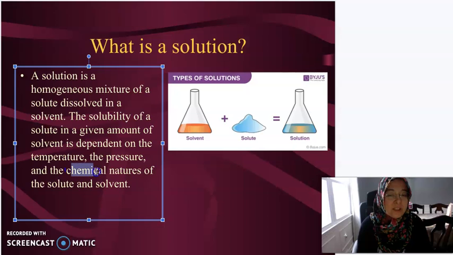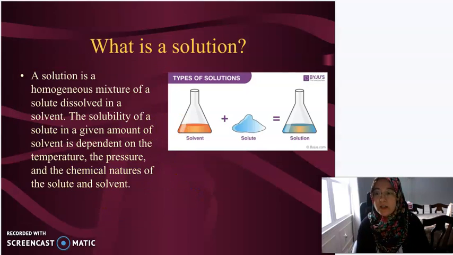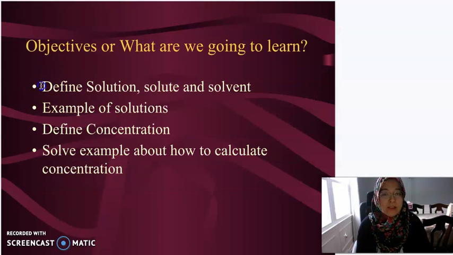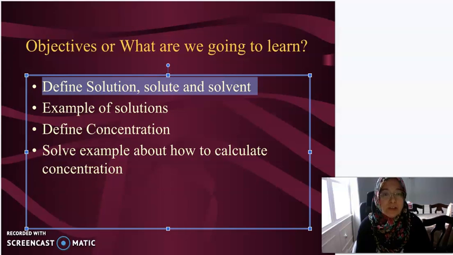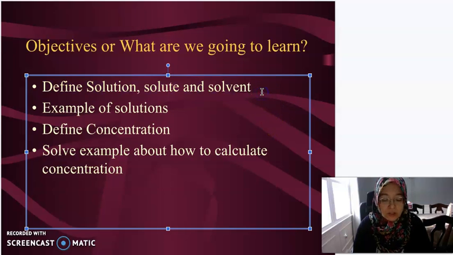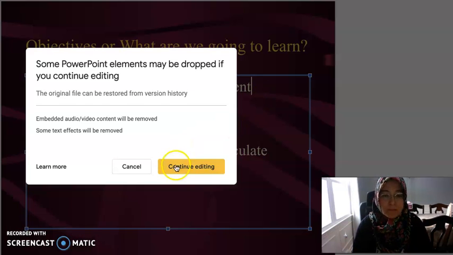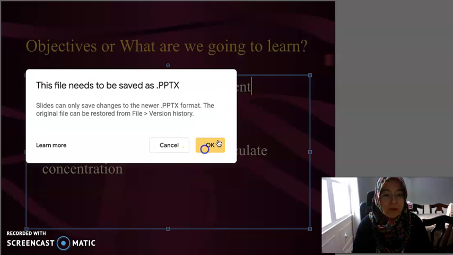Chemical natures, we can say, if you mix water and oil, they are not going to dissolve. They will not dissolve in each other, right? That is due to chemical natures. So we defined solute, solution, and solvent right now. I hope we can put a check mark next to this one. There we go.